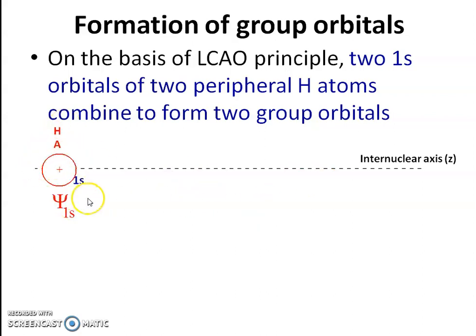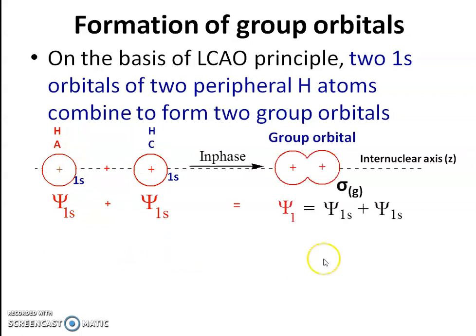Suppose hydrogen A, that is a peripheral hydrogen atom, contributes a 1s atomic orbital with positive sign wave function, and it combines with the 1s atomic orbital with positive sign wave function contributed by hydrogen C. So A and C are the peripheral hydrogen atoms. This is an in-phase combination. It results in the formation of one group orbital. It is a sigma group orbital, labeled as psi 1. Psi 1 is equal to psi 1s plus psi 1s.